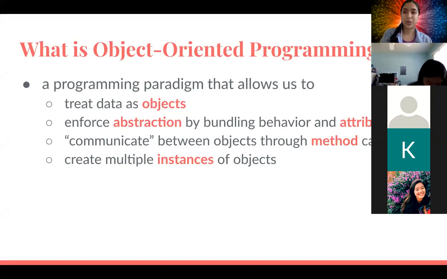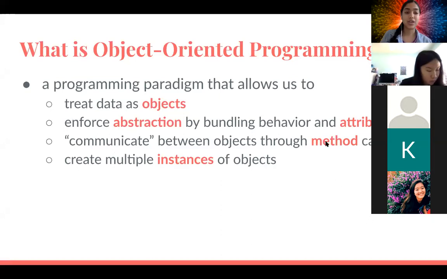What else can object-oriented programming accomplish? We can use it to communicate between objects through method calls. For example, in your ants project, you were able to represent ants via a class, and you were also able to represent bees, which allowed you to have them interact with each other in certain ways via the methods that you defined in both classes.